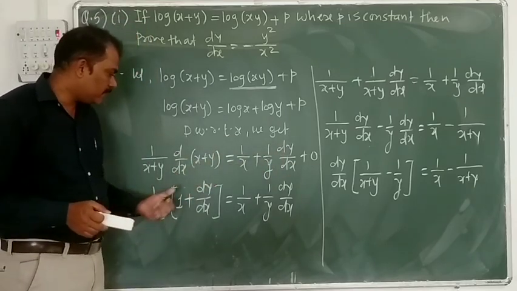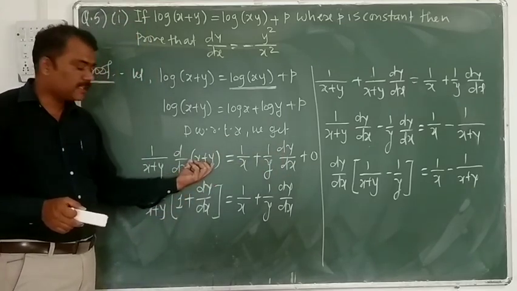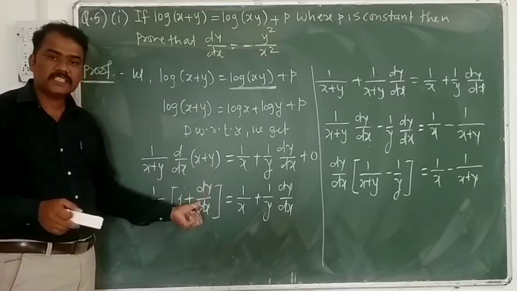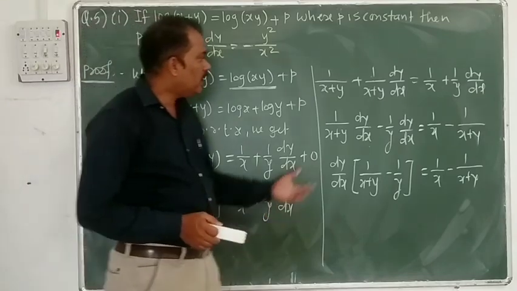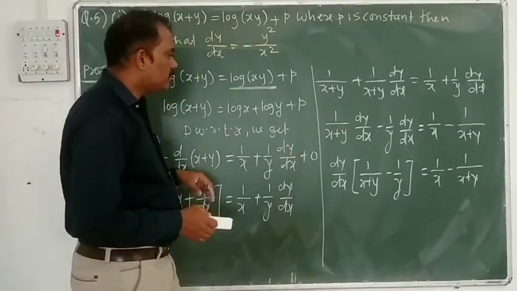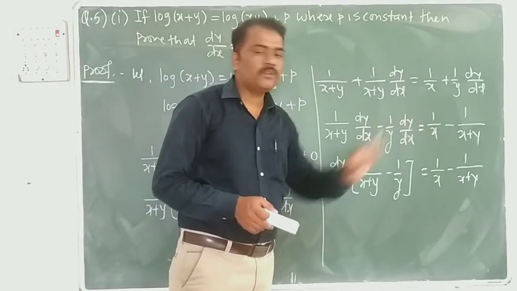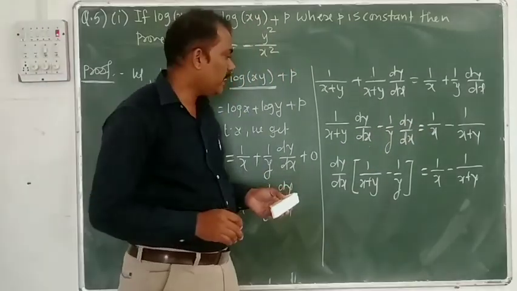Now we also have to take the derivative of this x plus y. The derivative of x with respect to x is 1 plus the derivative of y with respect to x is dy by dx. We collect the terms on the LHS which contain the dy by dx. On the RHS we collect the terms which do not contain the dy by dx.